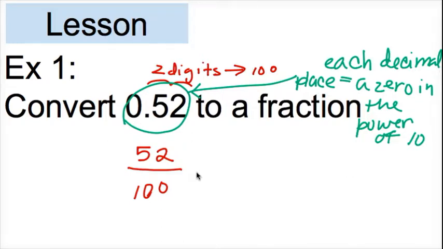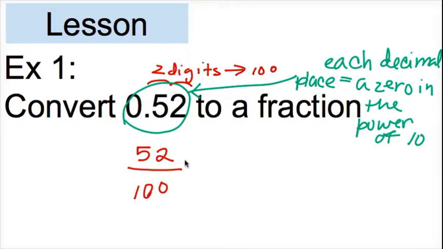Let's read that decimal correctly: 52 hundredths. A decimal and a fraction are read the exact same way when we're dealing with a denominator that is a power of 10. A decimal is automatically set up in a power of 10. So if you read the decimal to yourself, you get the answer.